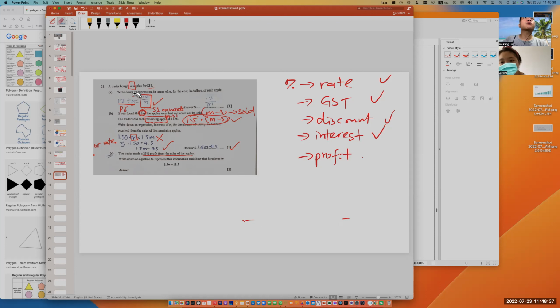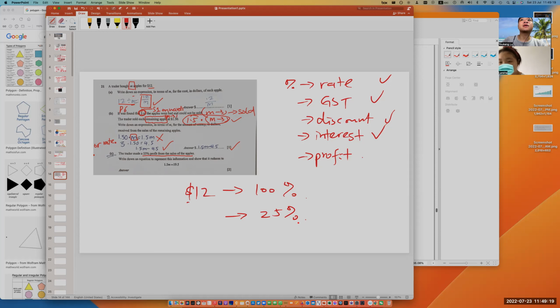So the trader bought M apples for $12, right? So this $12 is what? This $12 is 100%. The trader makes 25% profit from the sale of the apples. So what does that mean? 25% times 1.5 M minus 4.5, that's the profit.